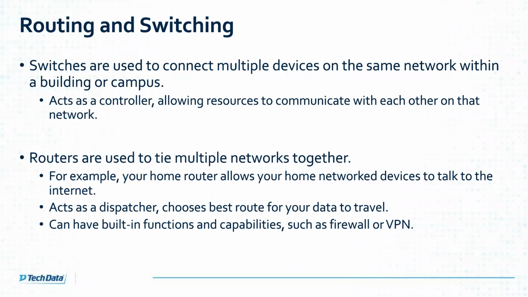This is just because you want a device that does what it's supposed to do well versus trying to do all the things and then doing nothing really well. That's ultimately my opinion. But routing and switching are the fundamental aspects of network communications, where switches switch packets between devices on the same network, and routers route packets between different networks. It's important to remember that.